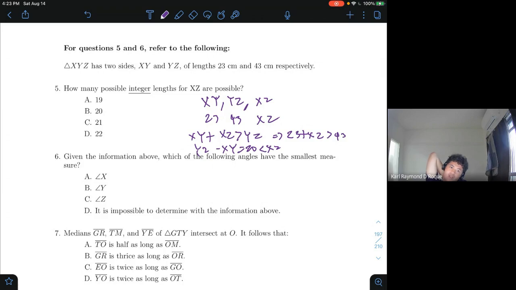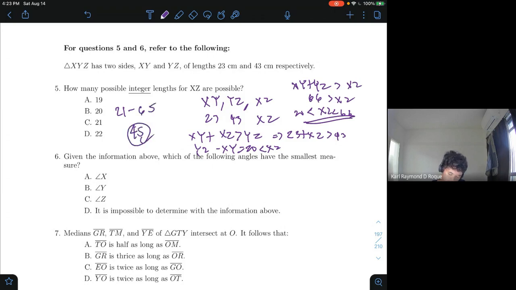So, puwedeng XY plus XZ greater than YZ or puwede din nating consider ang XY plus YZ greater than XZ, 66 greater than XZ. So, ang XZ is between 20 hanggang 66. Ilang possible yan? 21 hanggang 65. There are 45 possible integer lengths.